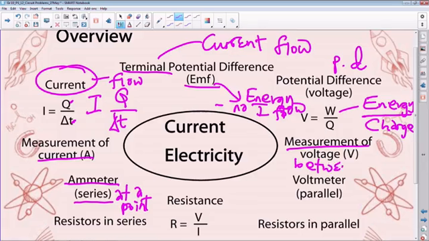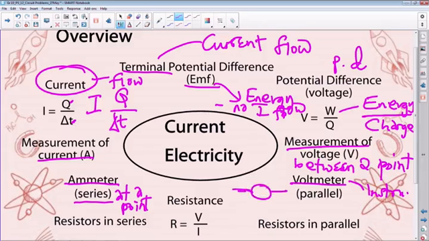Hence, we talk of a difference in potential energy of a charge between 2 points. The voltmeter is then the instrument in that regard, and we measure it in parallel. We always connect it in parallel, because suppose this is our light bulb, to measure the potential difference across the light bulb, we'll always connect it in parallel, which is very important, since it is between 2 points.